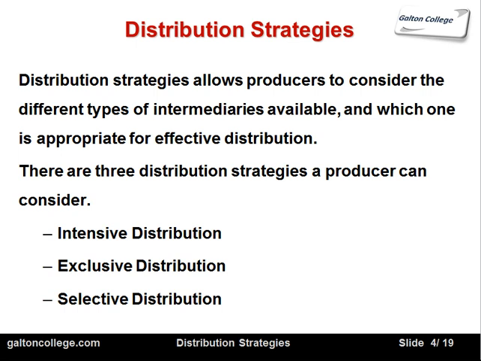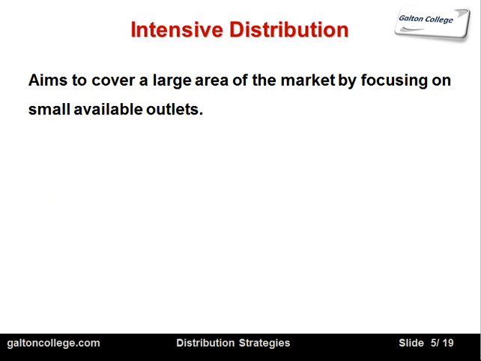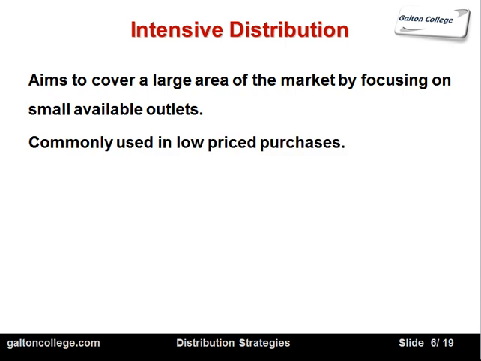Let's start by talking about intensive distribution. This aims to cover a large area of the market by focusing on small available outlets. So it covers a large area of the market by using small available outlets. This is commonly used in low price purchases.